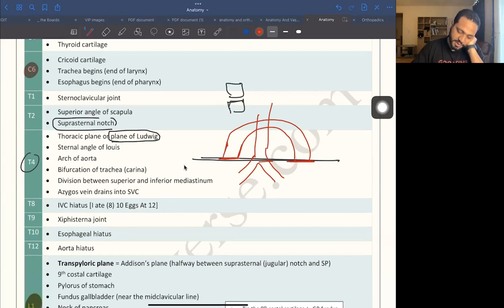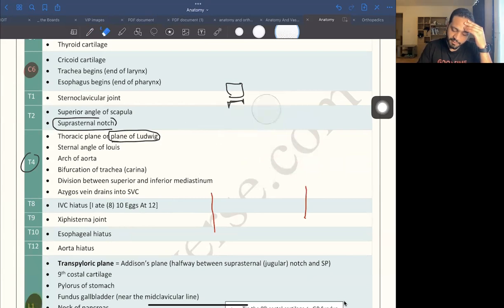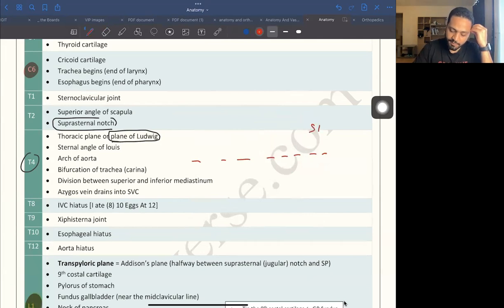And this is also an imaginary line that divides the superior and the inferior mediastinum, and also the azygos vein, which is coming from all the way down, starts to join the superior vena cava, obviously on the right side. Okay, so again, T4 level is quite important. If we're going to go through it in a systematic way, number one, it's an imaginary line that divides the superior mediastinum from the inferior mediastinum.